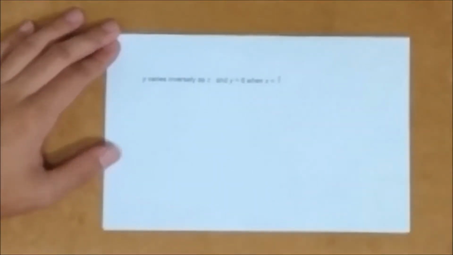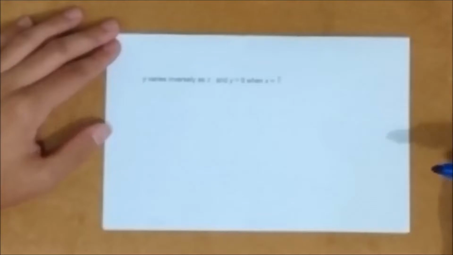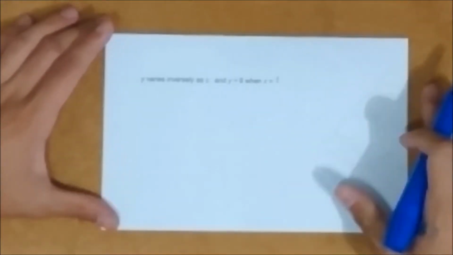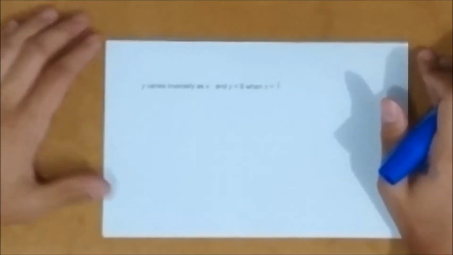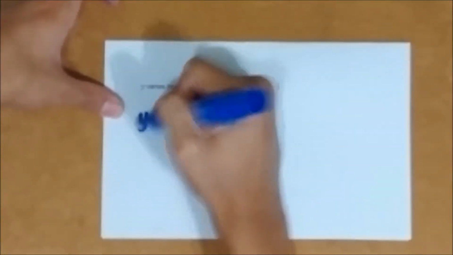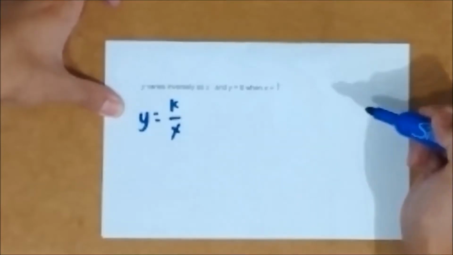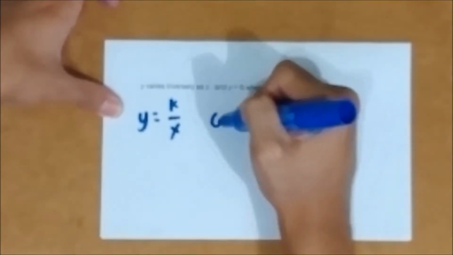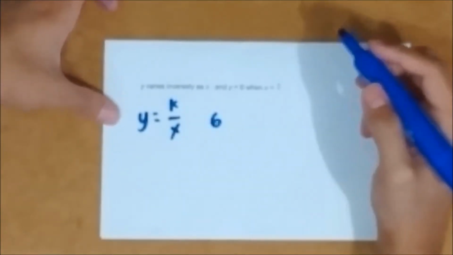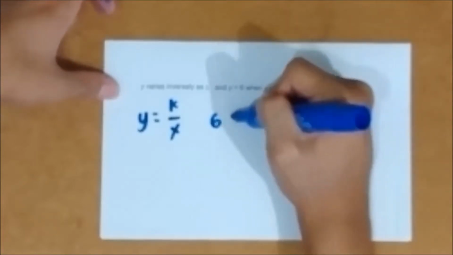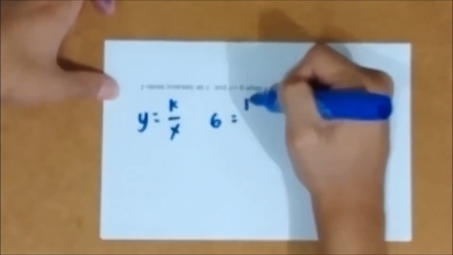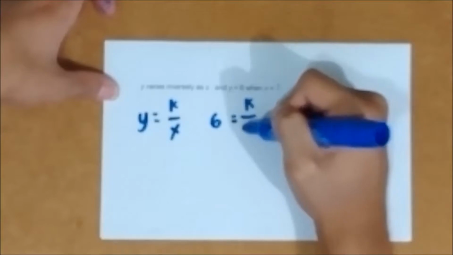Okay, on to the second example. Y varies inversely as x, and y is 6 when x is 4 over 3. Okay, let's put it into equation. Y equals k over x. 6 equals k over 4/3.